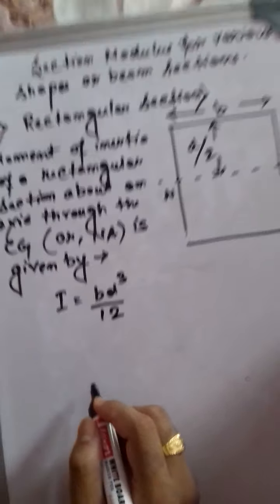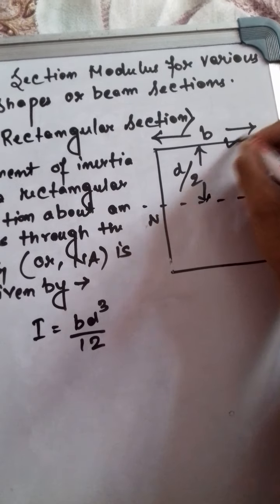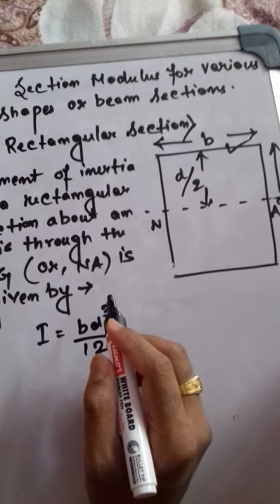Okay, now see, as we have already discussed, the distance of this outermost layer from the neutral axis will be equal to d by 2, right?